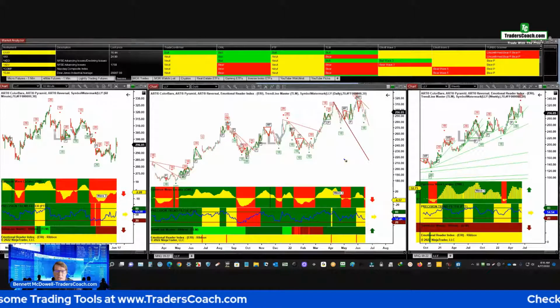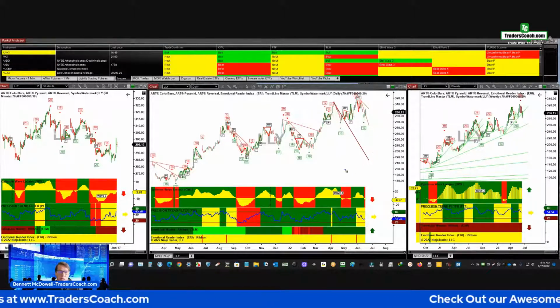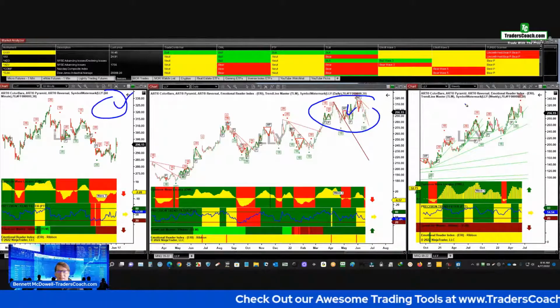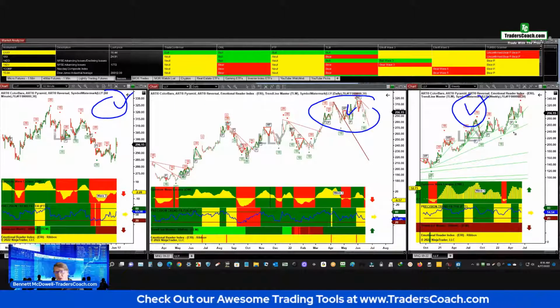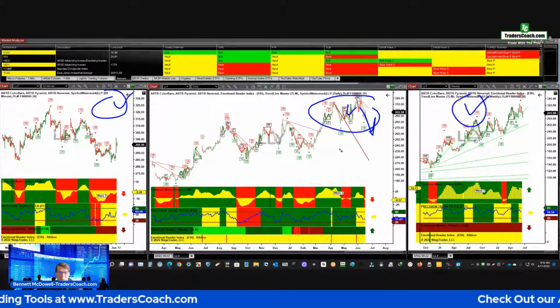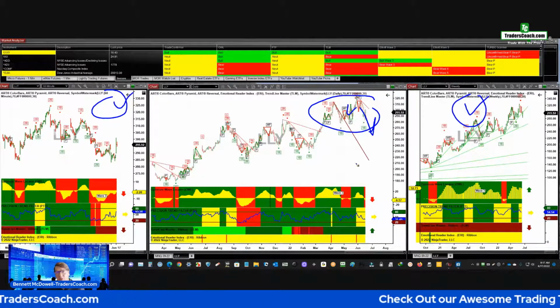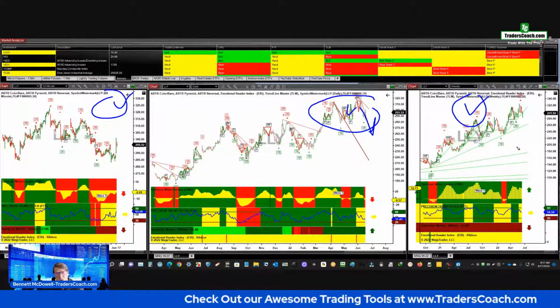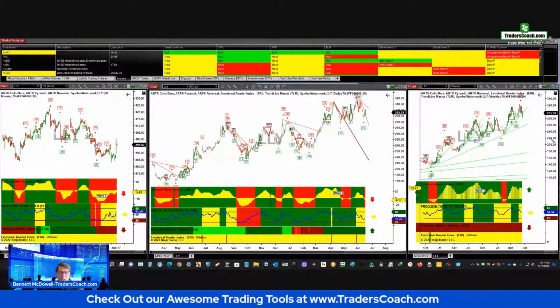So you're going to see these charts be a lot more sensitive than the chart on the far right. So when I say this could be going into a correction, I'm basing that on the fact that the smaller time frames are starting to shift and go negative, but it is not reflected yet on the weekly chart, but it could be. So you've got to have a little heads up there.